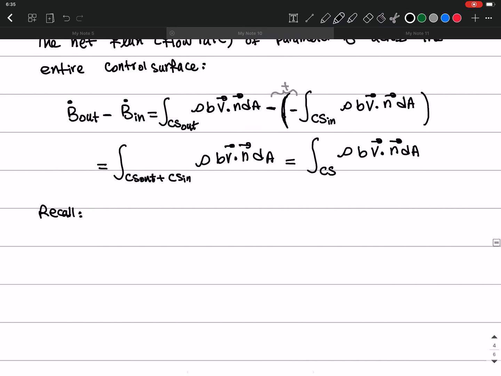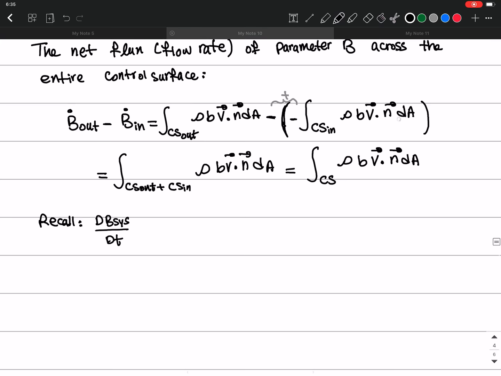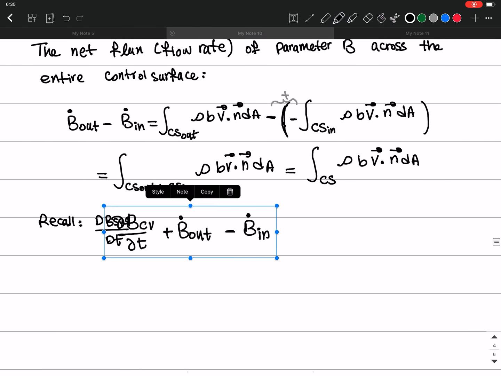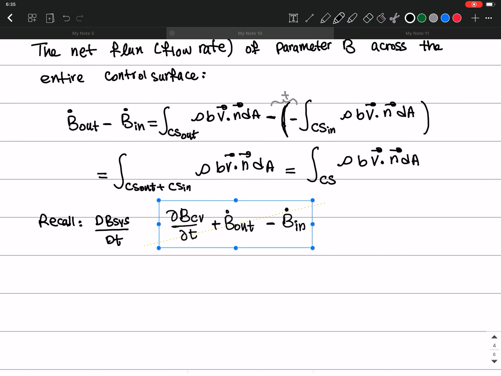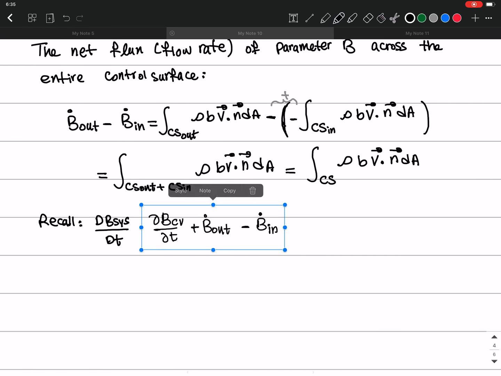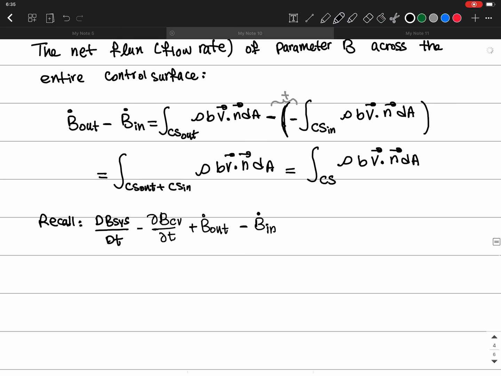I just copied it here, from the one-dimensional case, okay?